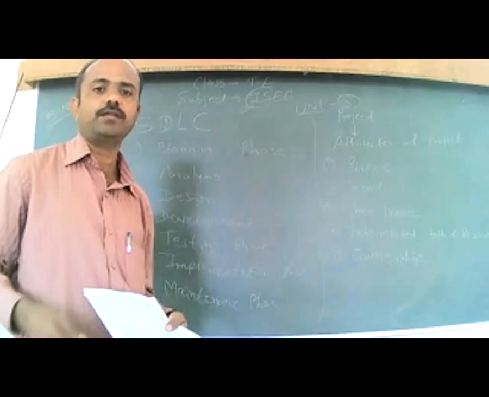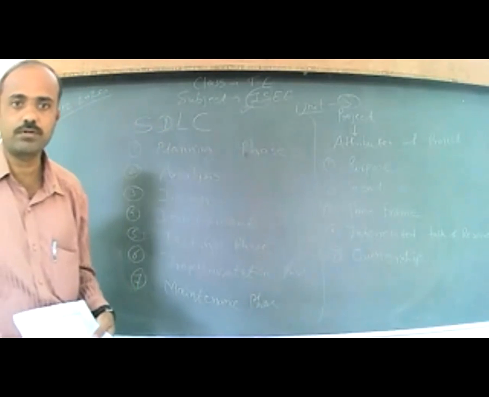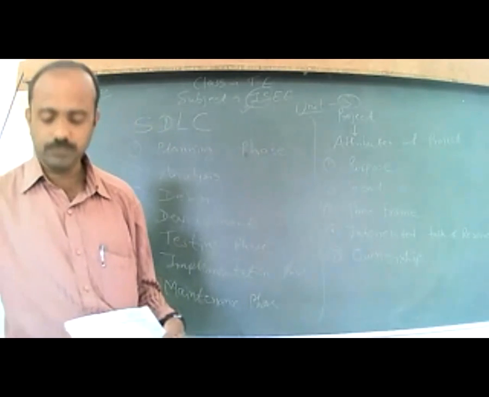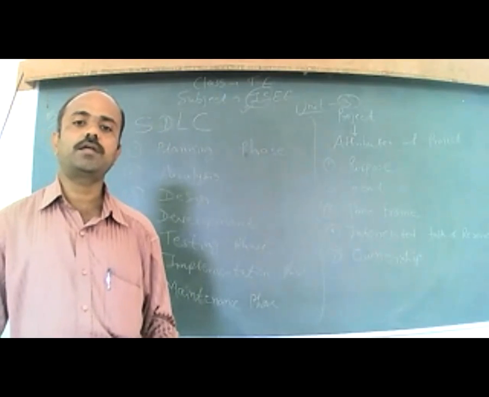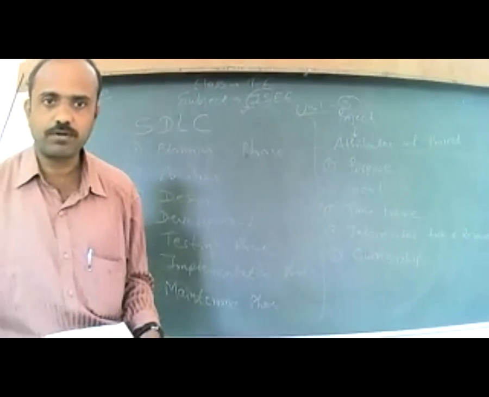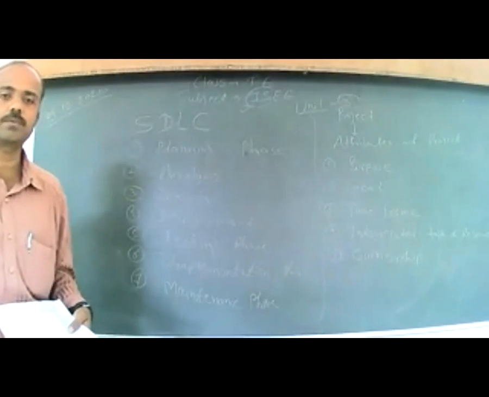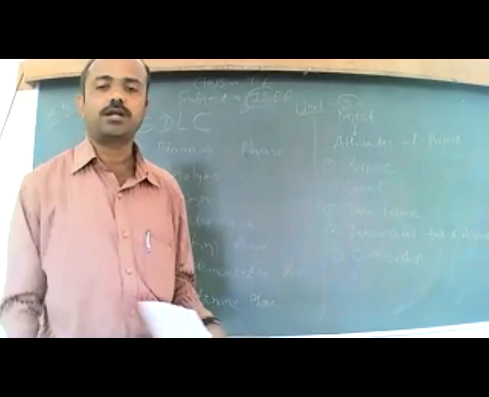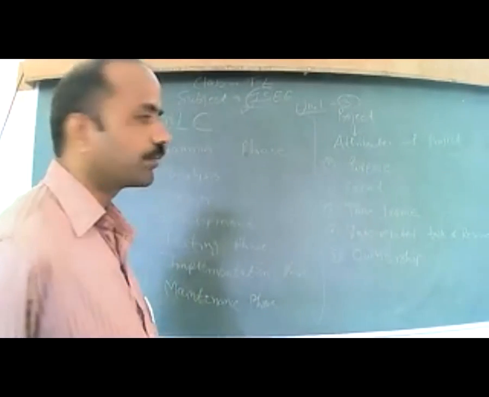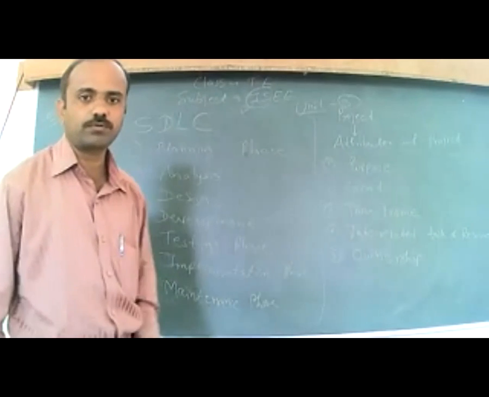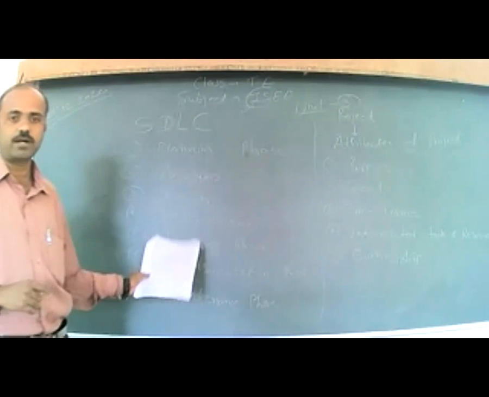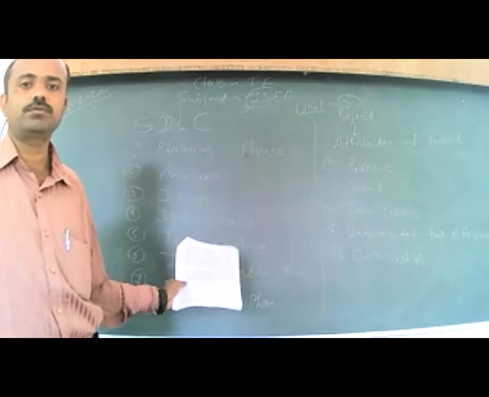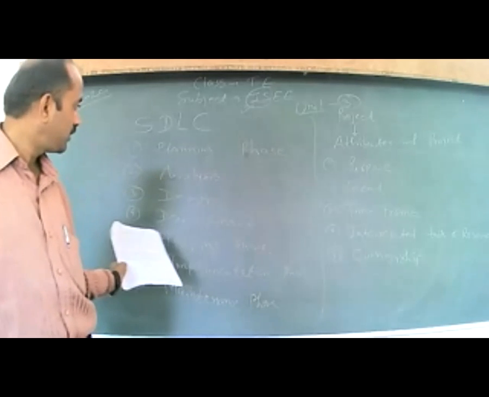The planning phase: you must plan your project according to your resources and time requirements. Then analyze the resources required and the financial investment, then design the project using the software and hardware needs, then development of the project using your team members.